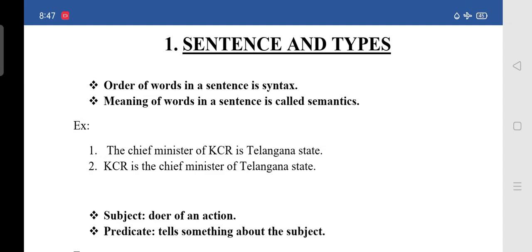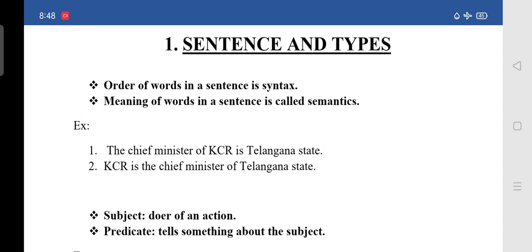Telangana state is a place, an area, whereas KCR is a person. So is it meaningful? Do you feel it in a meaningful way? The chief minister of KCR is Telangana. It doesn't give any meaning to this sentence. Yes or no? It doesn't have meaning, nor does it have any order. So it is not a sentence.